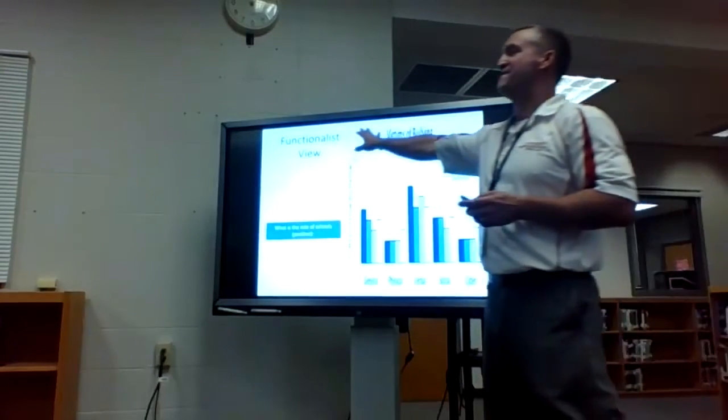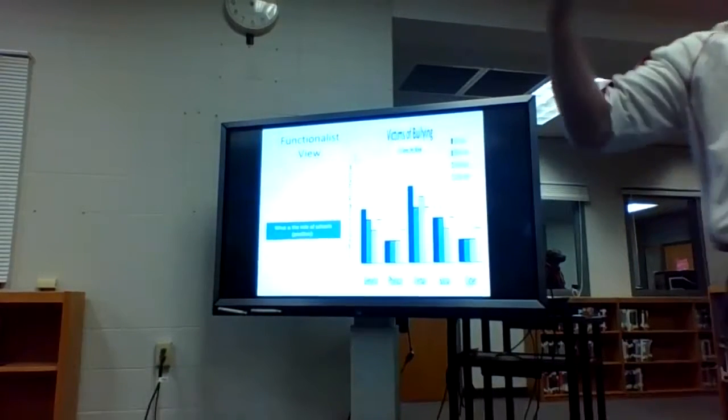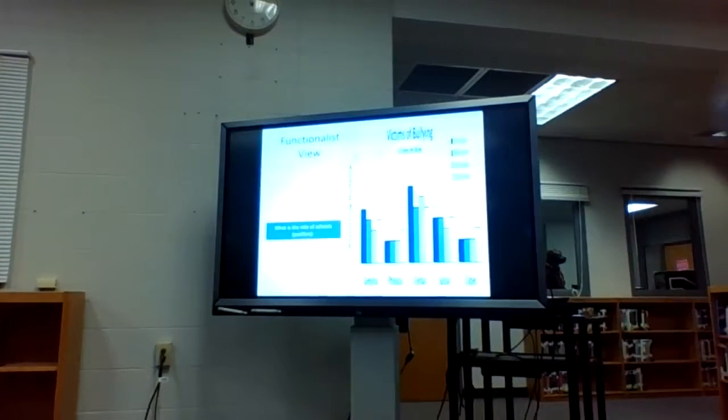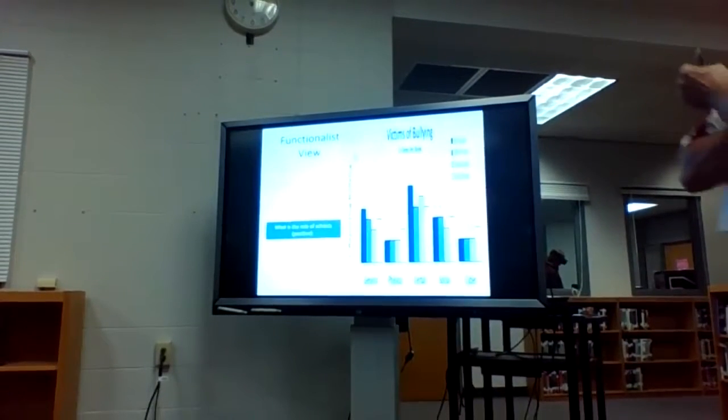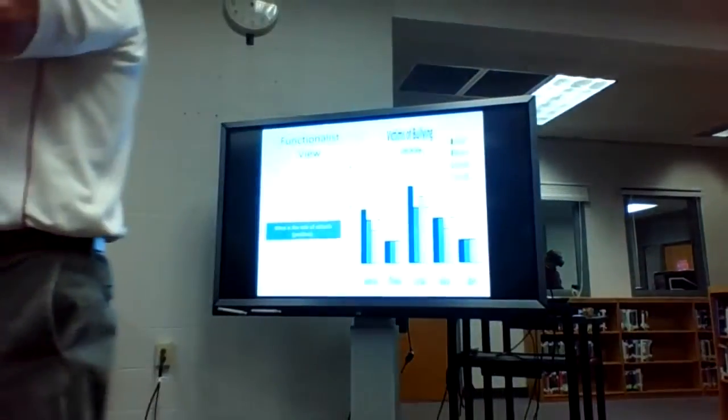Does anyone remember what the functionalist sociologist says? Who is a functionalist? A positive of a certain topic. Very good. So basically, a functionalist says there's a good reason for fill in the blank.